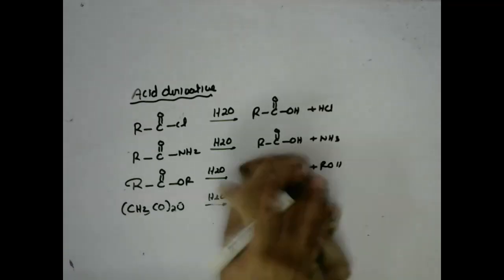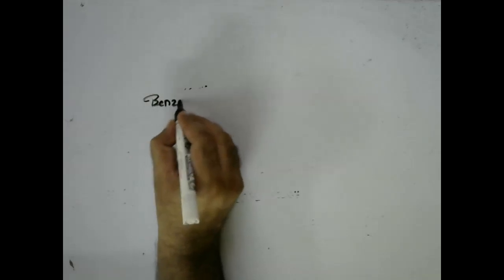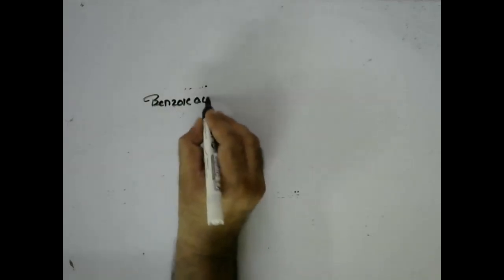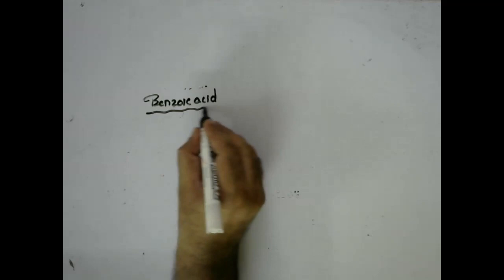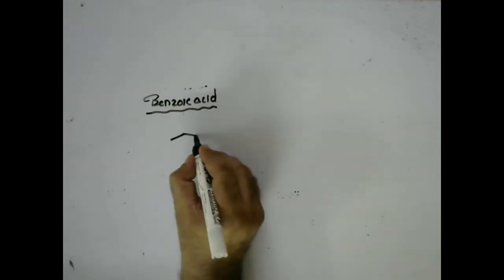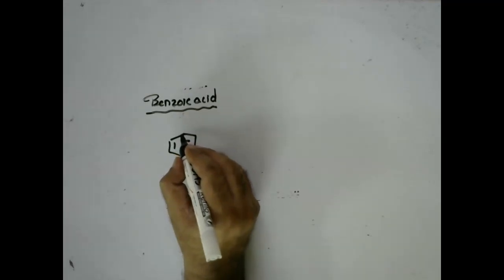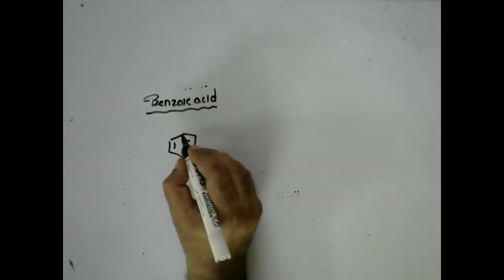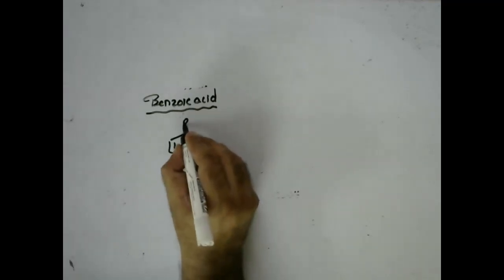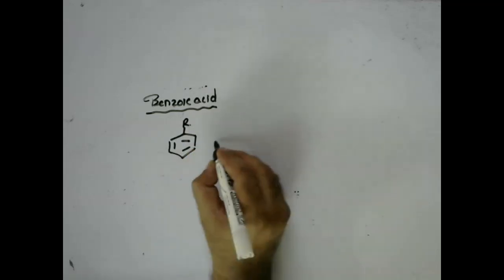Now let us see the last method of preparation. Let us see the special preparation of benzoic acid. You can make it from any alkylated benzene compound, an R group on the benzene, no matter how many carbon atoms are there.